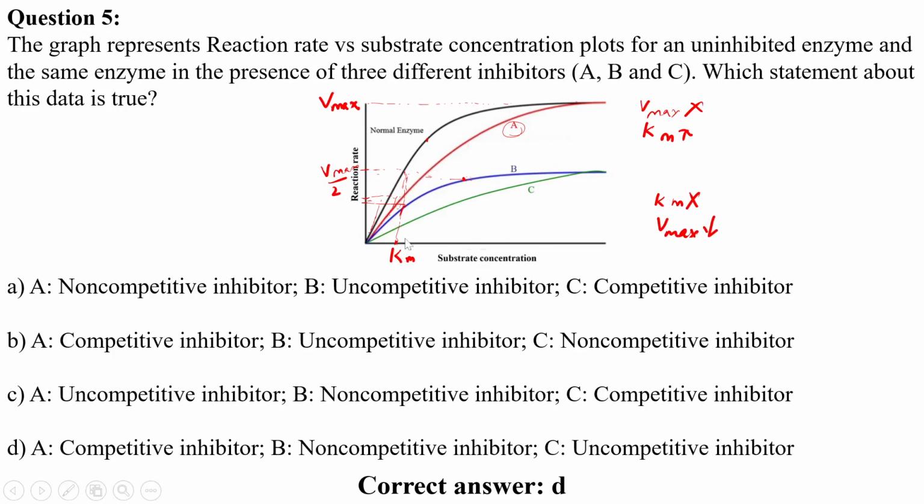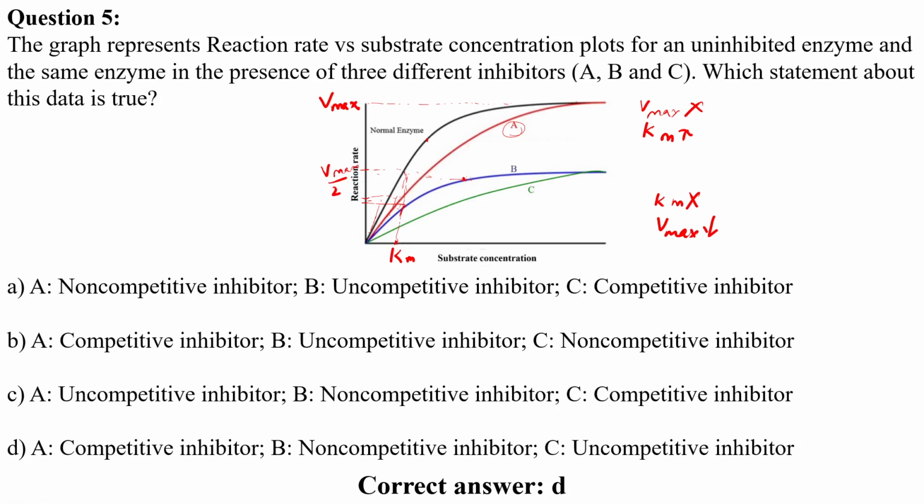Why so? If you see here, the initial velocity is reducing. It is reaching almost the same Vmax or higher Vmax as in the case of the non-competitive inhibitor, but the Km and Vmax both have changed from the original uninhibited enzyme.